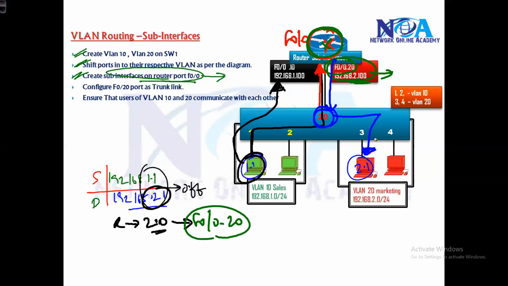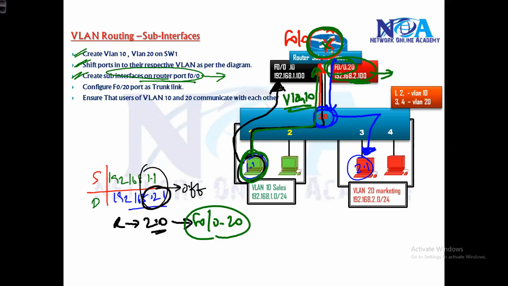So if you try to see this flow of packet, it is coming from VLAN 10.